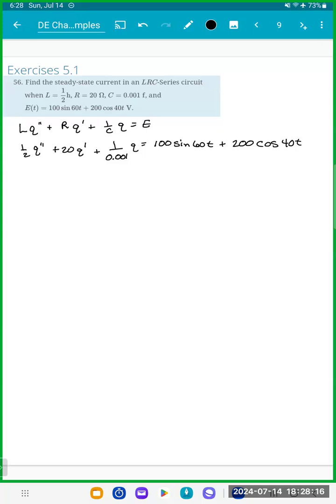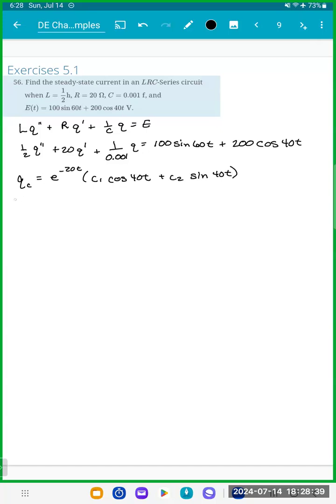Okay, so in this case, we will do our Q sub c is equal to e to the negative 20t times C1 cosine 40t plus C2 sine of 40t.